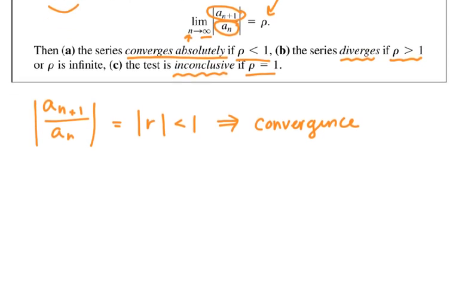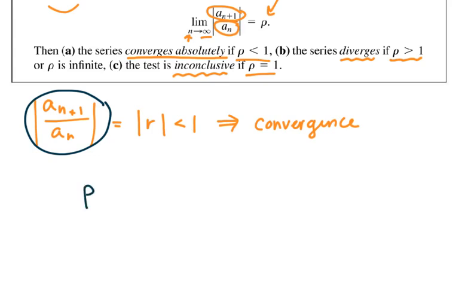So just to restate that, our steps when using the ratio test, we're always going to look at the ratio of a term divided by its preceding term in absolute value. And we're going to calculate that number. And it's always going to be a positive number, because we have our absolute value bars here.